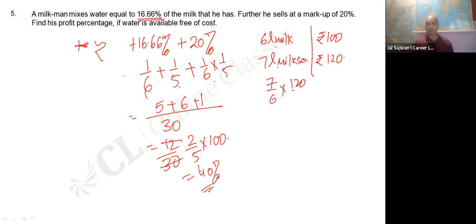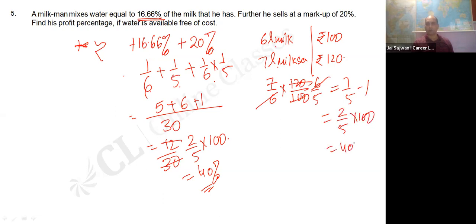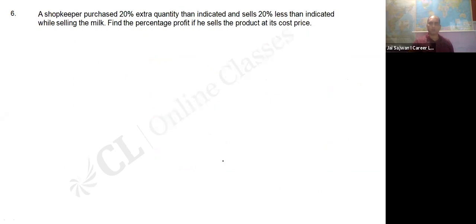What about this? It's a profit. So can I say it is 6 by 5? Now this gets cancelled out, you will get 7 by 5. Don't forget to separate 1 from it, you will get 2 in 5, which gives you 40% of profit. Your answer is 40%. I'm sure it is clear to all of you. Everyone can find it easily. Let's come to this one question now. Quick, fast, everyone.